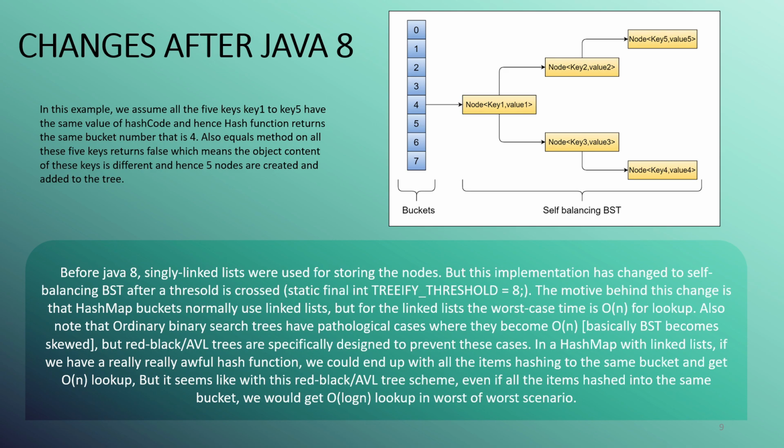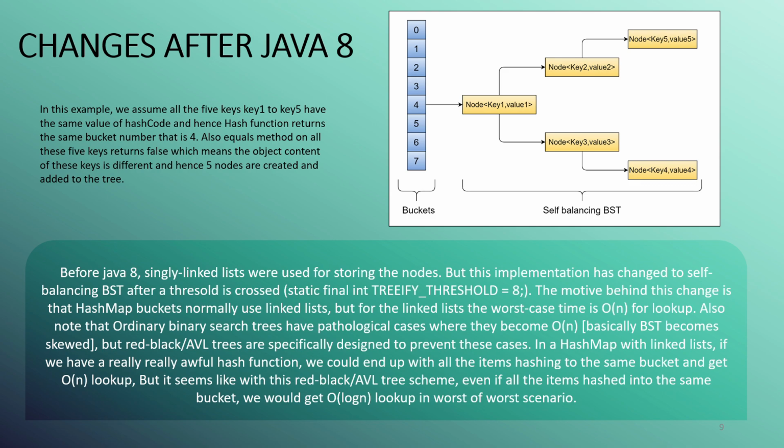O(n) is not that good, because of which they decided to move this singly linked list to a self-balancing BST, which can be a red black tree or AVL tree. In case of a red black tree or AVL tree, for the get operation, instead of O(n), it will have O(log n) as the worst case scenario complexity. I'm not talking about the good case.